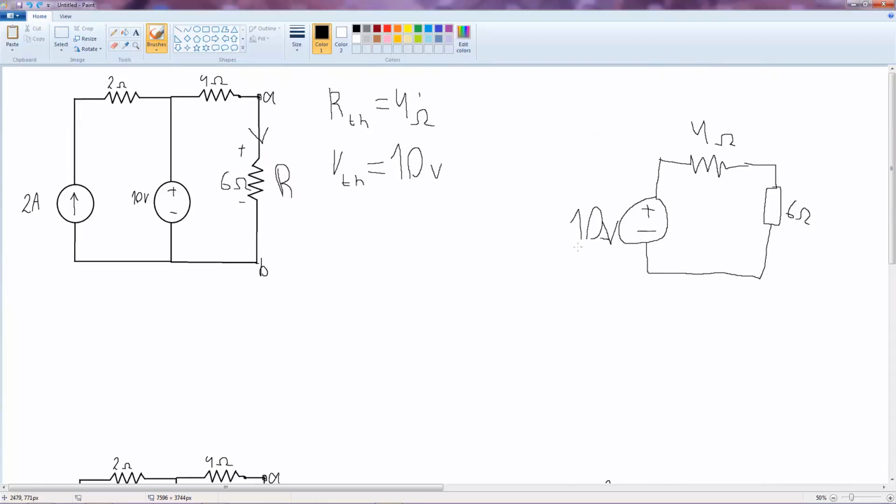So now let's check that this is correct. In this circuit, the current through here by Ohm's law would be I equals V over R. V is 10 and the total resistance is 10, hence we will have 1 ampere. So that 1 ampere is going through here, and I say that 1 ampere is going to go through here too, and let's check.